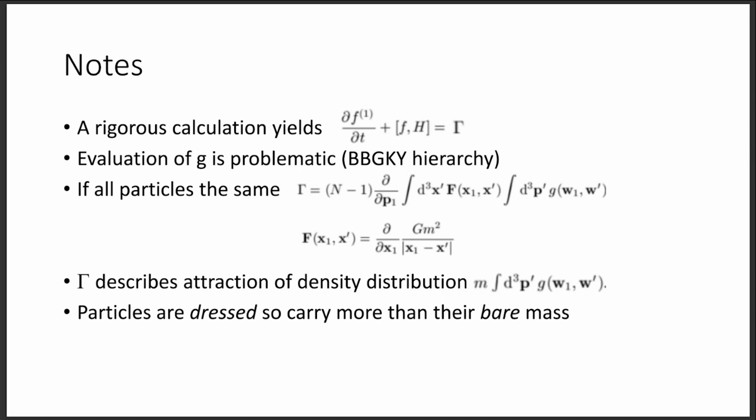That is the force at x1 provided by a particle at x2. That's exactly what that is. So this is an integral over all possible locations of neighbors of the force that they provide, weighted by, in some sense, the probability that there is a particle at w1.